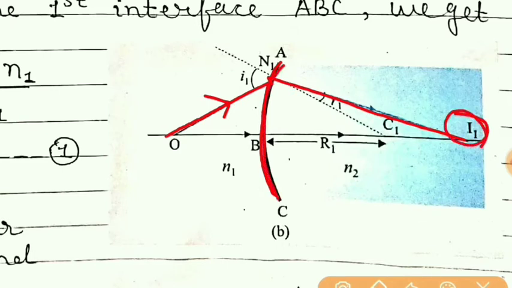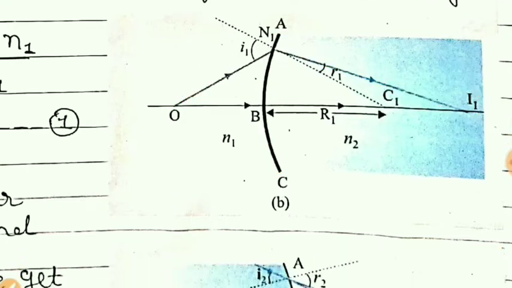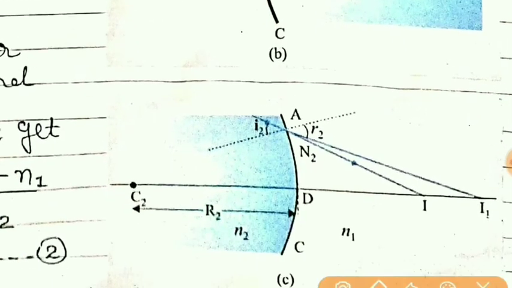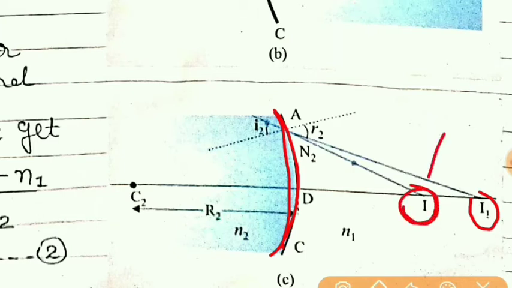For the first surface, the image is formed here. Now this image formed by the first surface behaves as an object for the second surface ADC. So this image formed due to the first surface is an object for the second surface, and finally the final image is formed here, that is I.